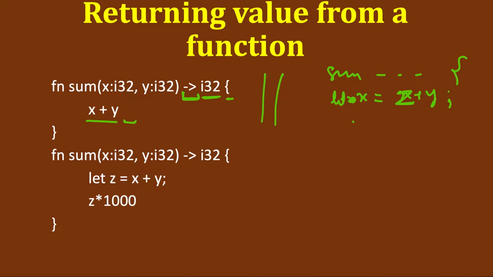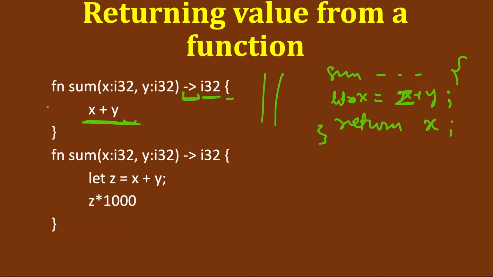Or some other variable z plus y. So this is a statement now. And then finally we call return x. So it's equivalent to this. Even if we don't explicitly write return x, then the last expression that is present in this function will be treated as its return value.